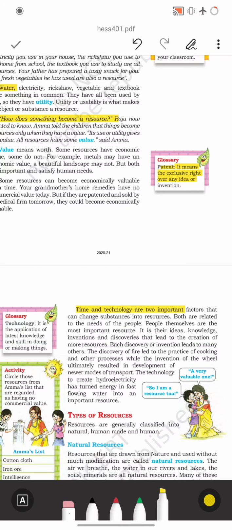And another important factors are time and technology. Time and technology are two important factors that can change a substance into a resource.